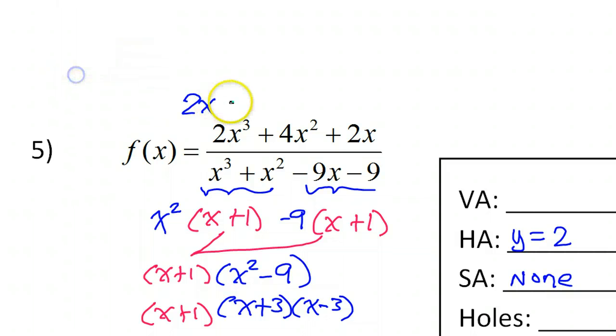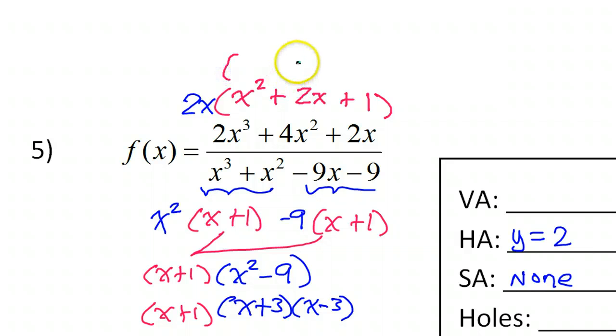That's going to leave behind, dividing all of these by 2x, x squared plus 2x plus 1. Again, imagine doing the distributive property. 2x times x squared will be 2x to the third power. 2x times 2x would make 4x squared. And 2x times 1 would give me the 2x.